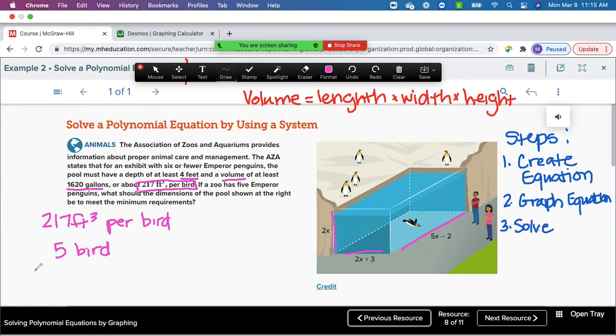So that way we can figure out what we want the volume to be here. So we want 1,085 for our volume. So now we can use this equation.